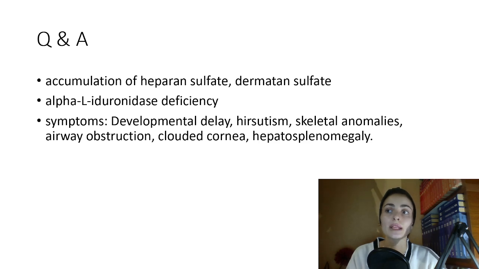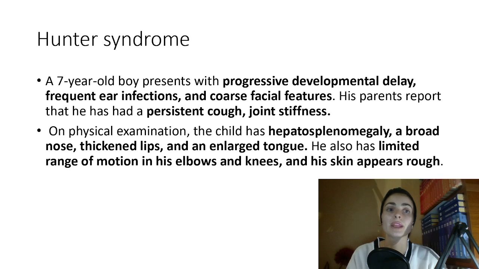Hirsutism can be present, which means excessive hair growth in areas where it's not supposed to be, skeletal abnormalities, airway obstructions, and clouded cornea. Also, hepatosplenomegaly, enlargement of the liver and spleen.